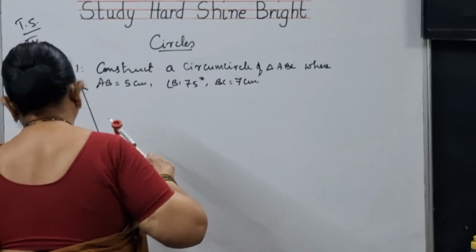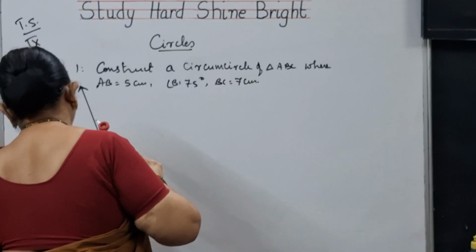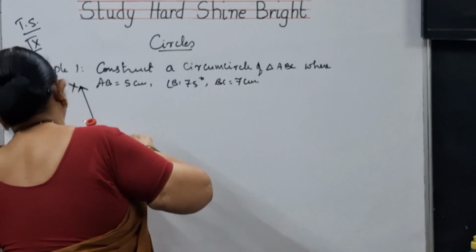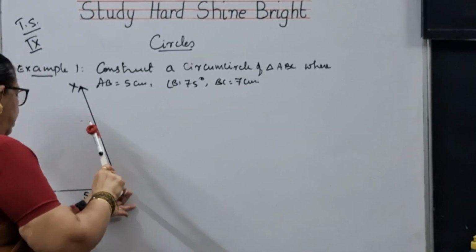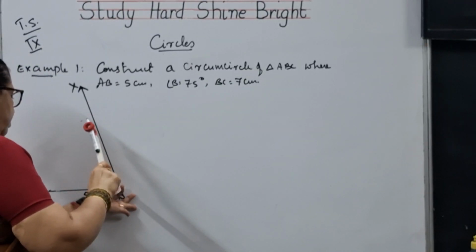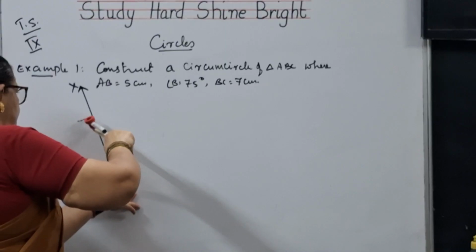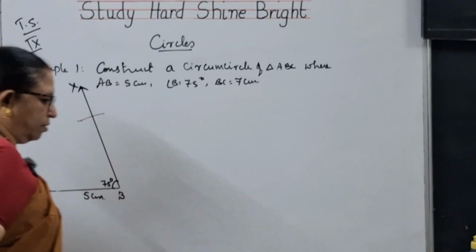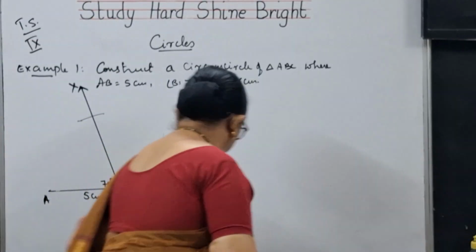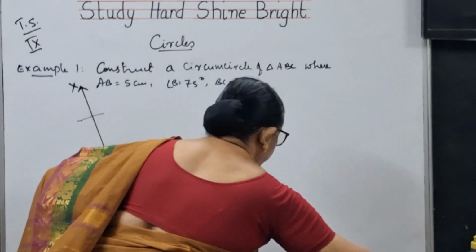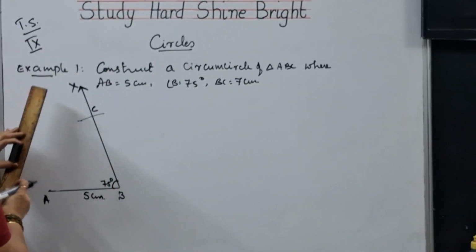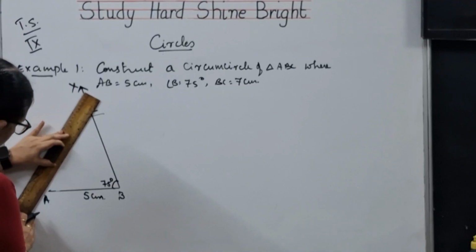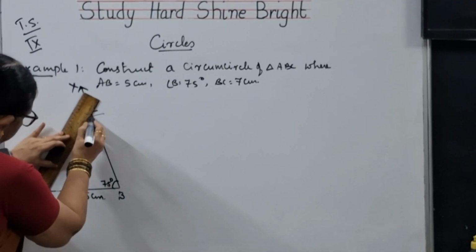Let me take this approximate measure, children. 7.5, suppose you see. You have to draw an arc. This point is considered as C. Now you have to join A and C.